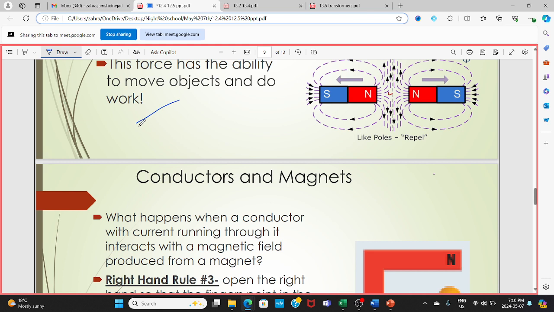When we had a current in a wire, using the right hand rule I could predict the direction of the magnetic field. For me, this is the direction of the magnetic field around the wire. Another one we had was when we have a solenoid.